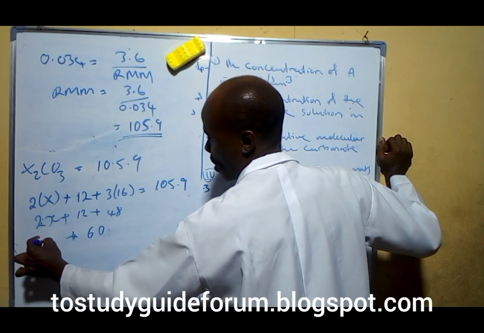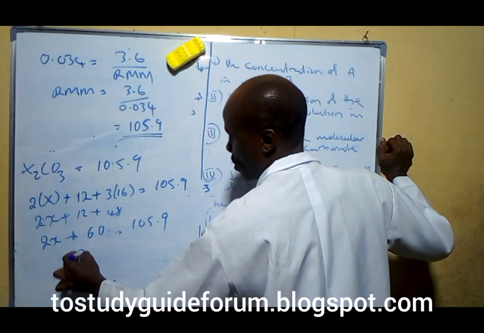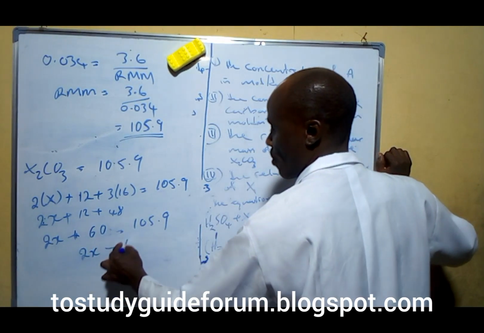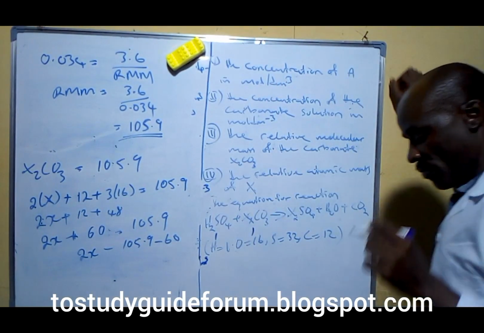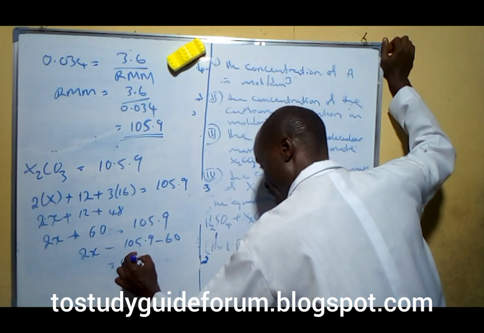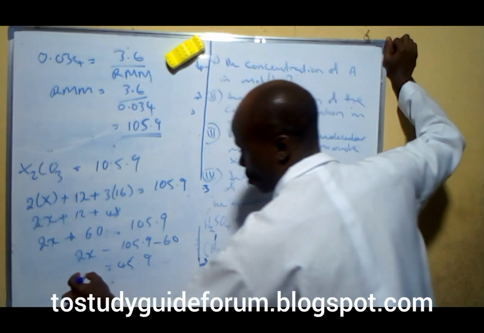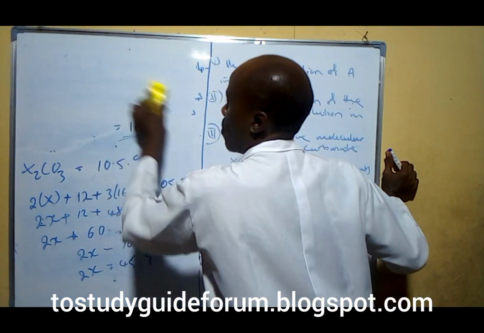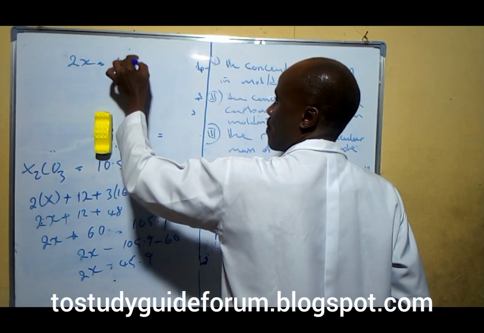And the next one is 2x plus 60 equals 105.9. So we subtract 60 from both sides, and what we have is 2x equal to 45.9.